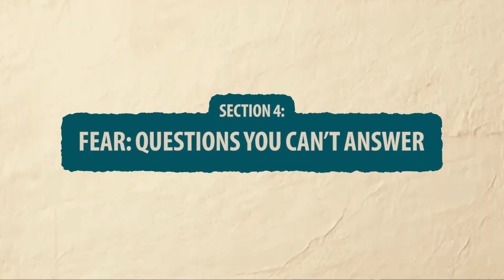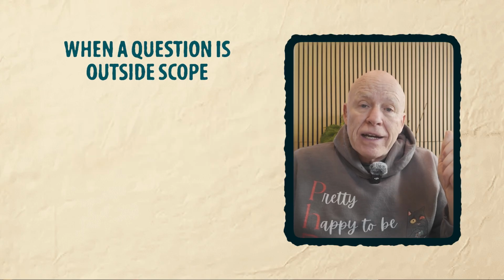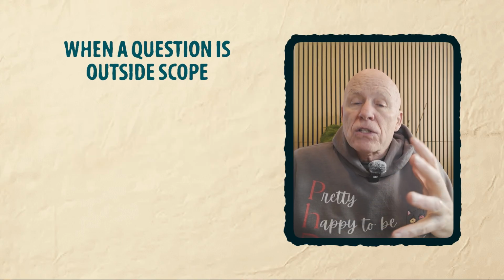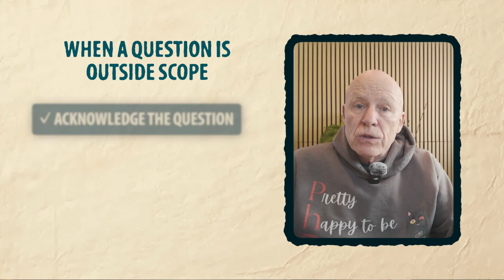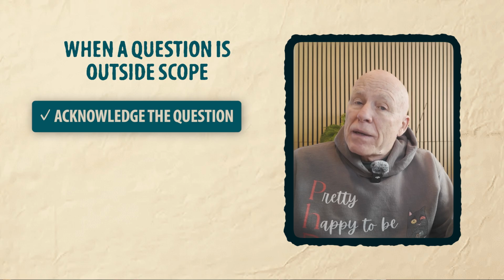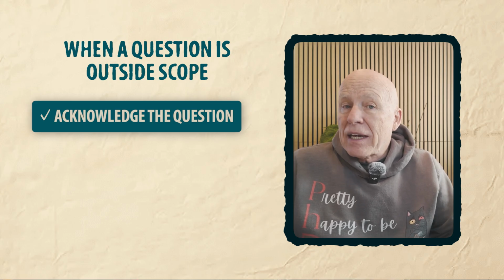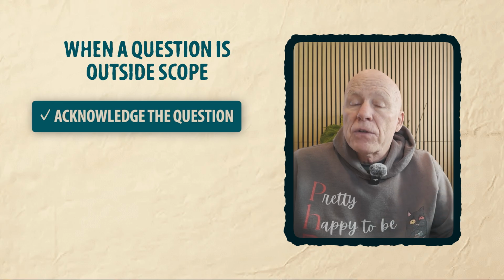One of the largest fears I hear from people is, what if they ask questions I can't answer? Well, it's okay sometimes to say, I don't know. If they're asking a question beyond the scope of your research, you can say, it's a really interesting question. However, I'm not sure about an answer to that because that's well beyond the scope of my research, but maybe it's something I can pick up on in future research.